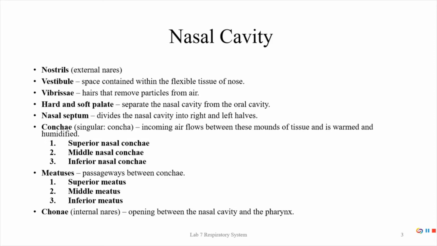The air gets warmed and humidified. And part of the reason why your nose runs on a cold day is you are secreting more liquid into the nasal mucosa, as well as cold air hitting a warm nose. It's a little bit like what happens when warm air hits a cold glass of drink. And so you get that going on.